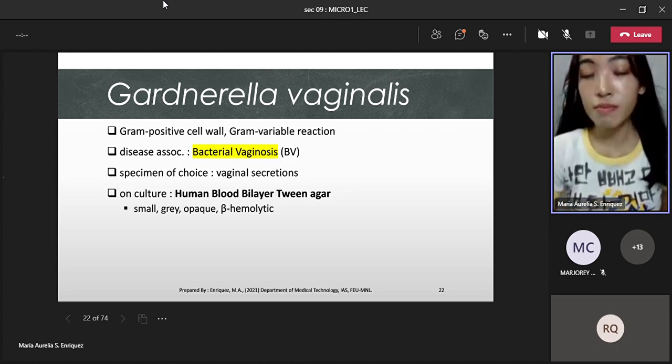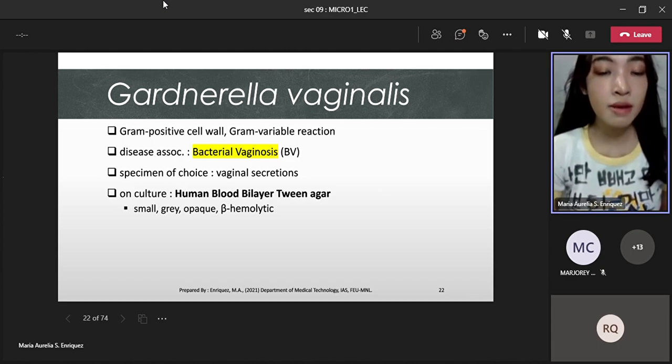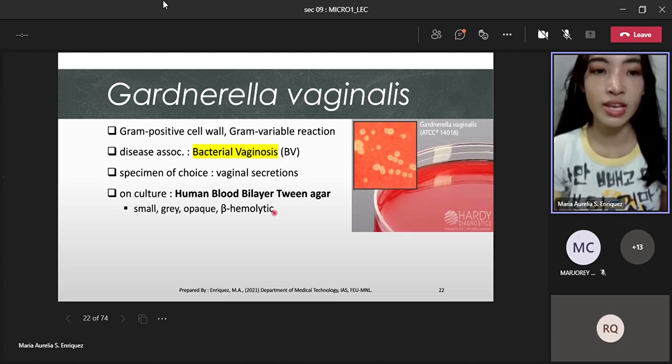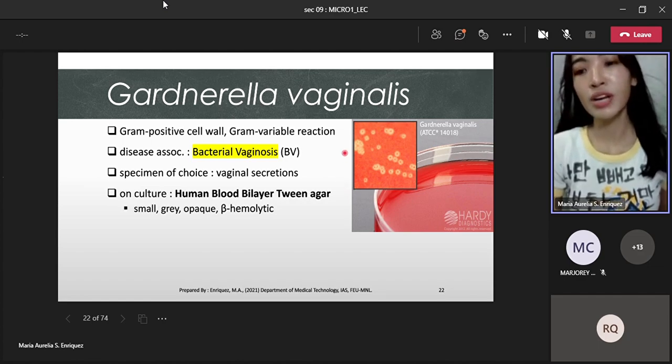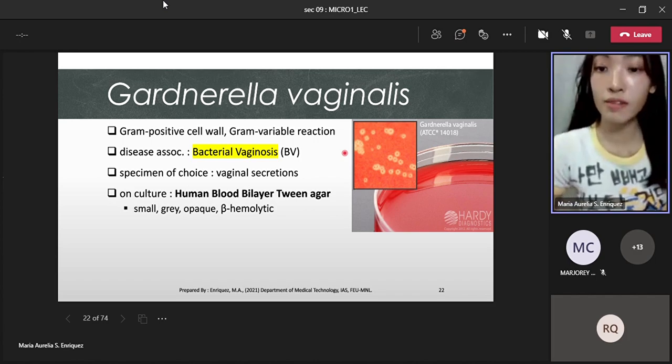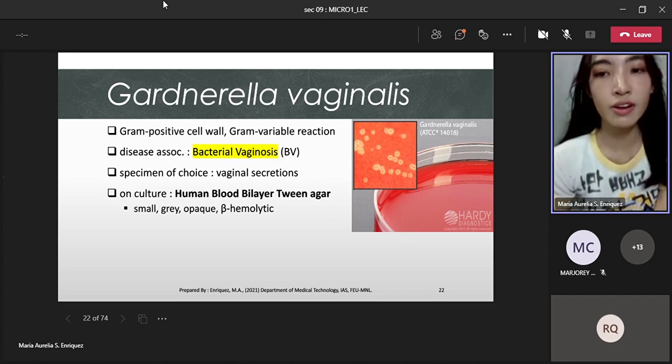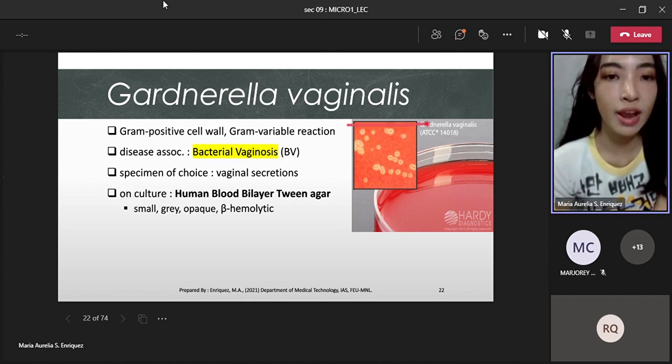All right, so the medium of choice for Gardnerella vaginalis is the human blood bilayer Tween agar, or the HBT agar. So when cultured on human blood, colonies of Gardnerella vaginalis would produce beta hemolytic, small, gray, and opaque colonies, as you can see right here in this top right photo.